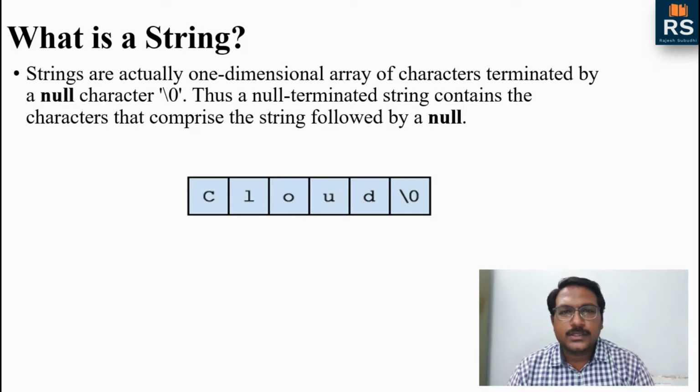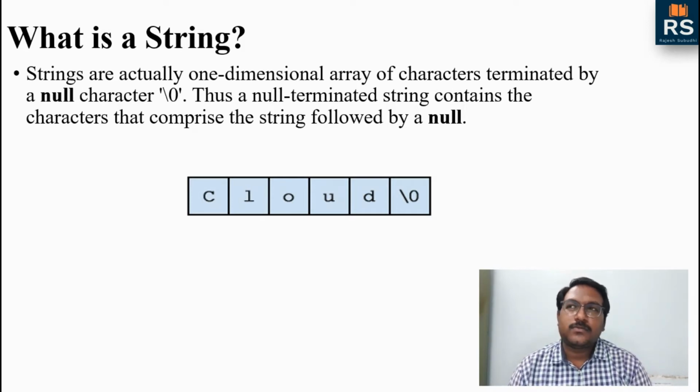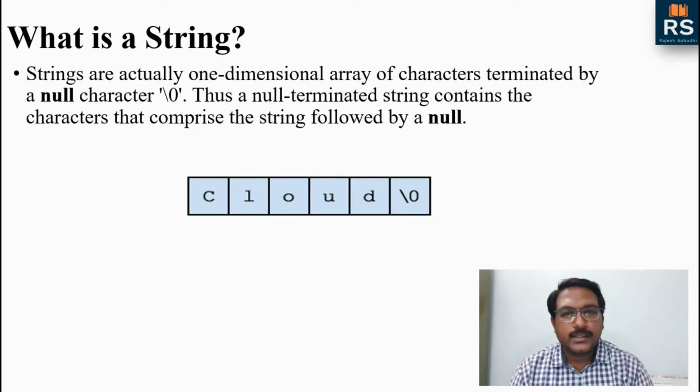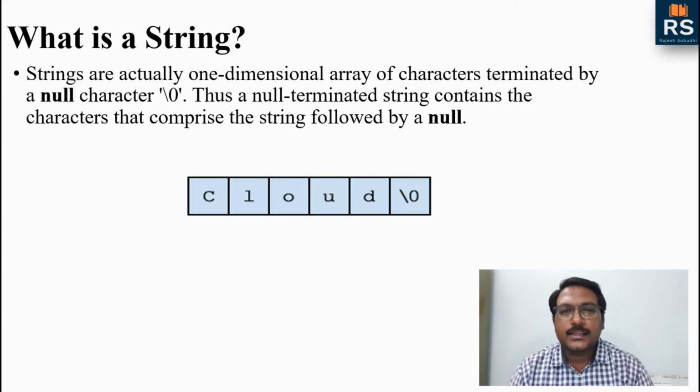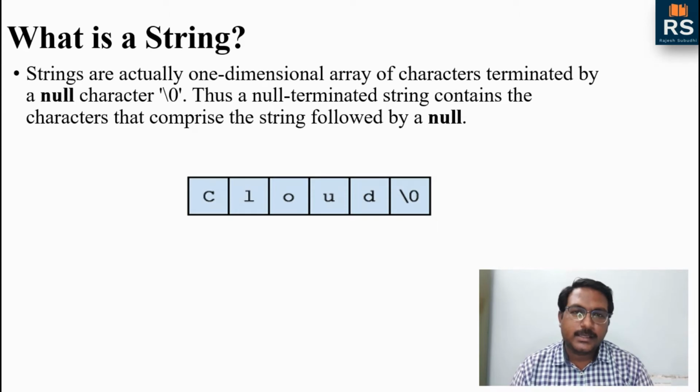So it is not a big thing, what a string is. It's very easy: it's a character array with a null character at the end of the string. Here you can see the example, the array containing the characters of CLOUD, and at the end is \0, a null character.